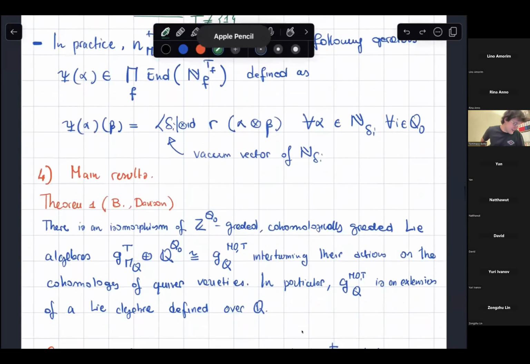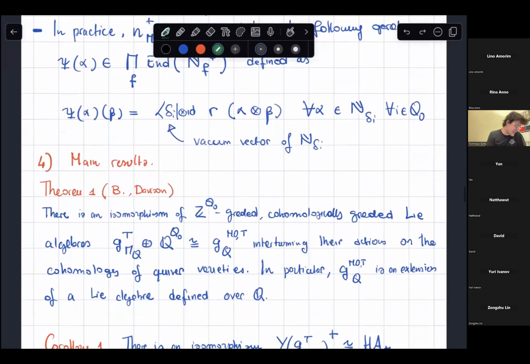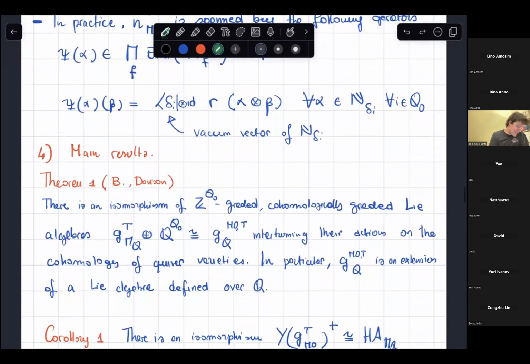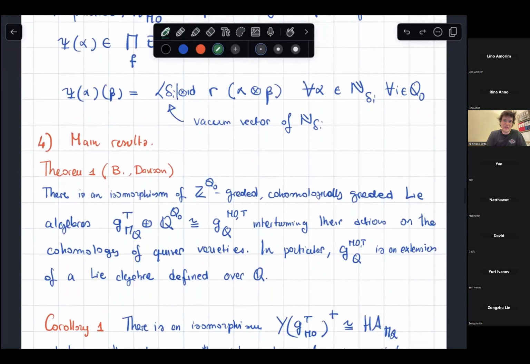The first main result I want to advertise is the one obtained with Ben Davison, and it states that there is an isomorphism of Z^{Q_0}-graded, cohomologically graded Lie algebras between the BPS Lie algebra, or more precisely, the generalized Kac-Moody Lie algebra arising from the positive part obtained as a BPS Lie algebra, and the Maulik-Okounkov Lie algebra.